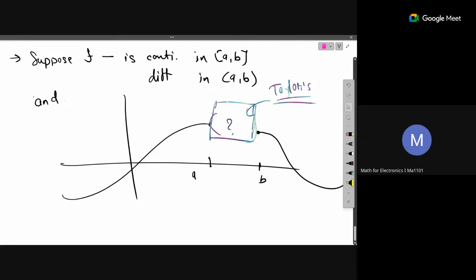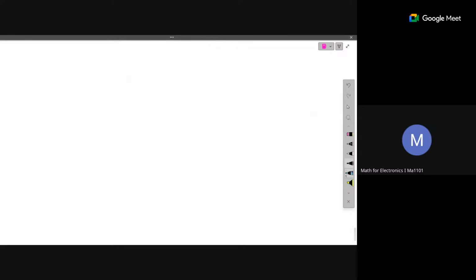Now let's start with Rolle's theorem. What does Rolle's theorem say to us? Before going to all these theorems, one thing I want to say: you always have to keep in mind that your function should be continuous over closed interval [a, b] and differentiable over open interval (a, b). Only after these two conditions are satisfied can you apply any theorem.